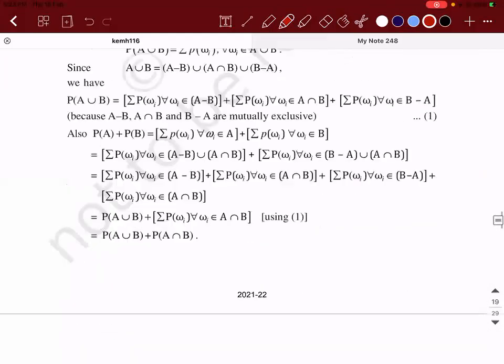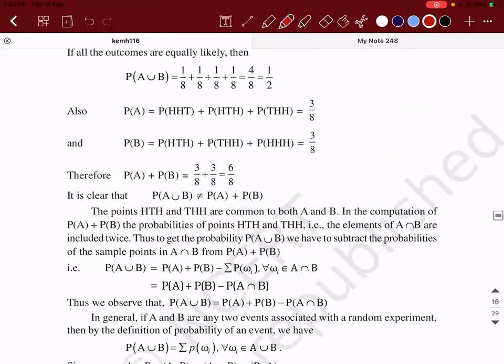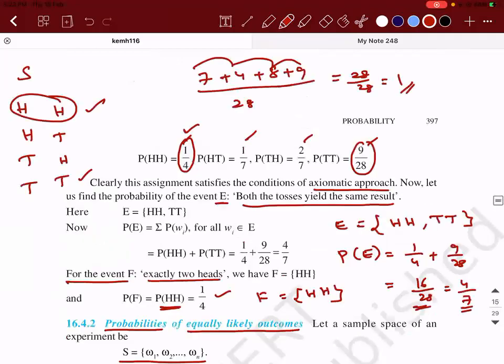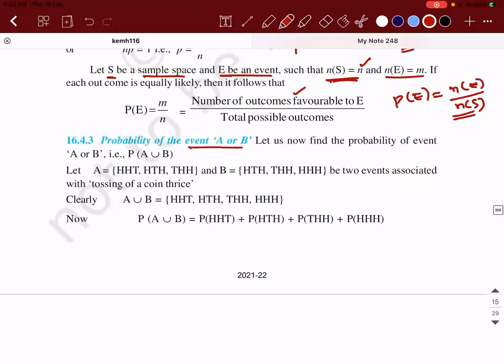So listen. So probability of event A or B. So what is the probability of A union B? I already gave you the formula, guys. What is it?